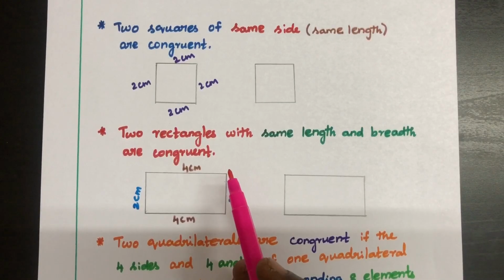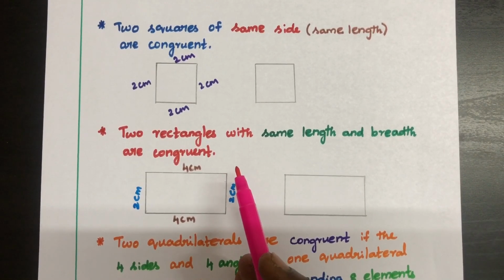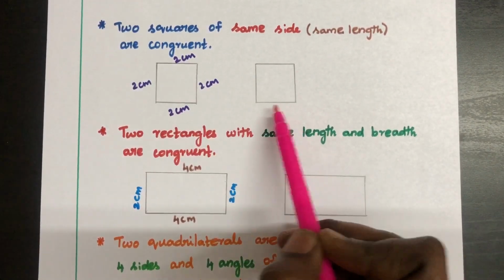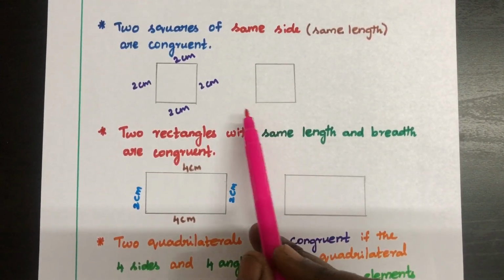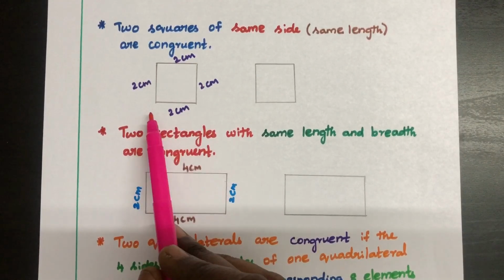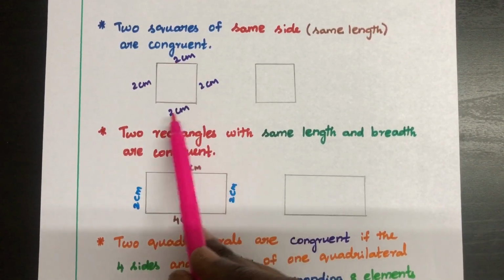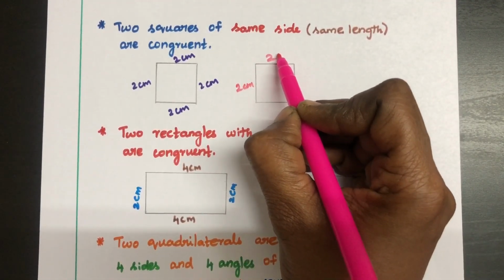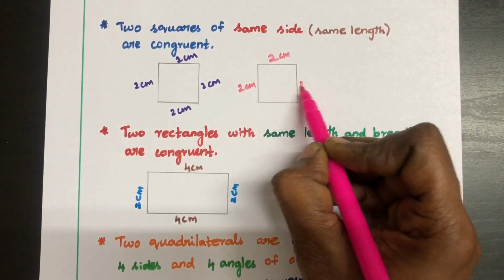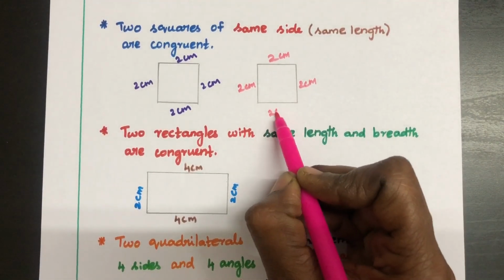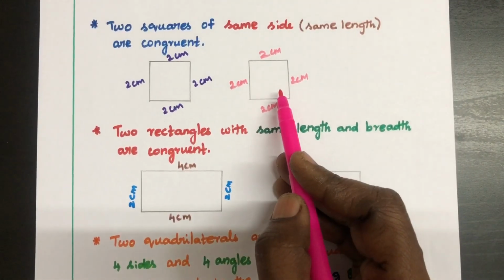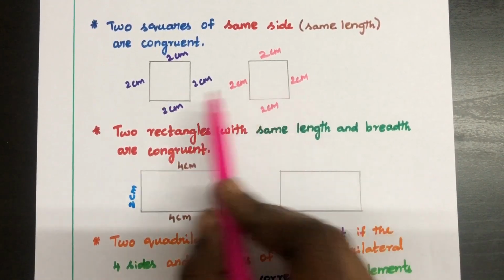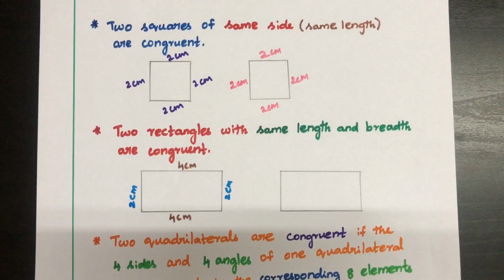That's all. When are two squares said to be congruent? Two squares of same side, that means same length. Square means all the four sides are equal, right? If one square has sides of 2 centimeter, we should have another square with the same sides, 2 centimeter each on all the four sides. So both squares are congruent because they have the same side length.